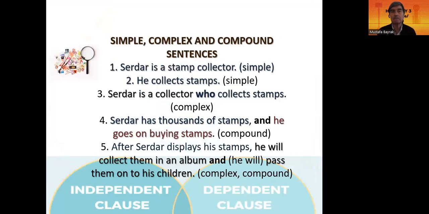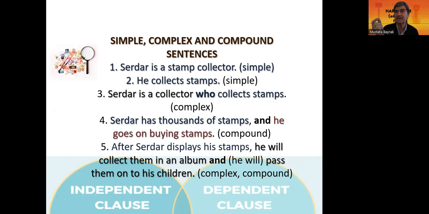For example, 1, Serdar is a stamp collector is a simple sentence, and it has a complete message in it. 2, He collects stamps, also a simple sentence. 3, Serdar is a collector who collects stamps. This is a complex sentence.